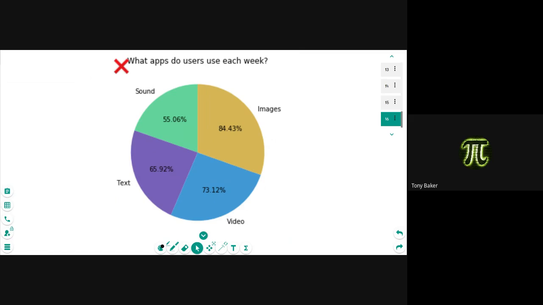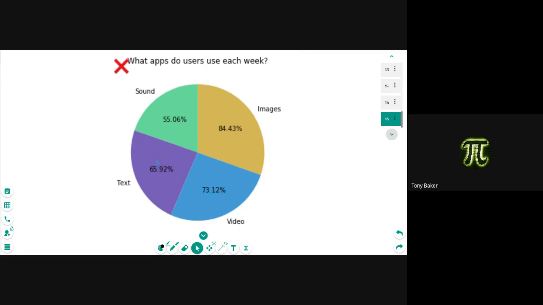This pie chart's over 100%. So the next question is, okay, they are over 100%. Are they representative? So are the slices representative of each other? So are they proportioned correctly?